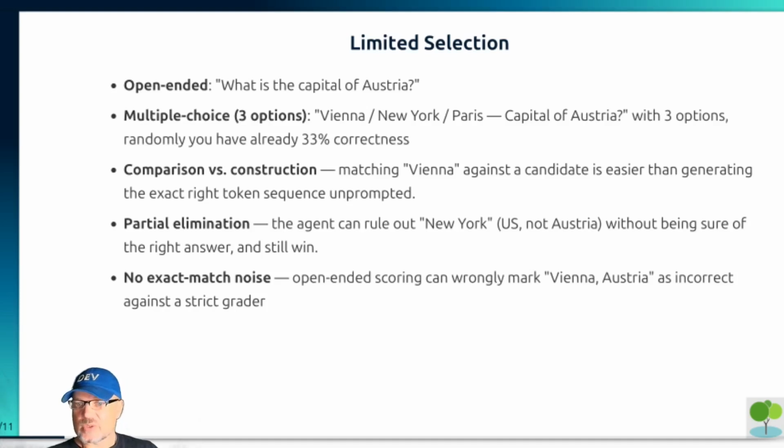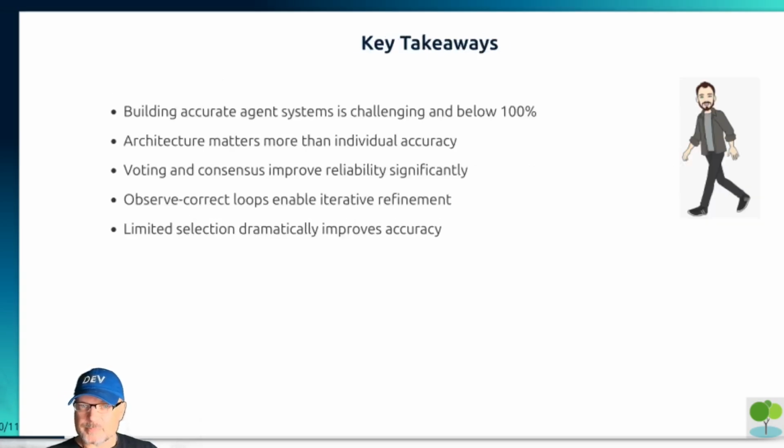When it knows that an option like New York is not in Austria, so it cannot be the capital of Austria, it can just avoid it. It's not part of the solution for the response. And there is also exact match noise, which means that, for example, Vienna, Austria could be marked as a wrong answer because it's not only the word Vienna, and be removed. When you have only three options, of course, it will be only Vienna.